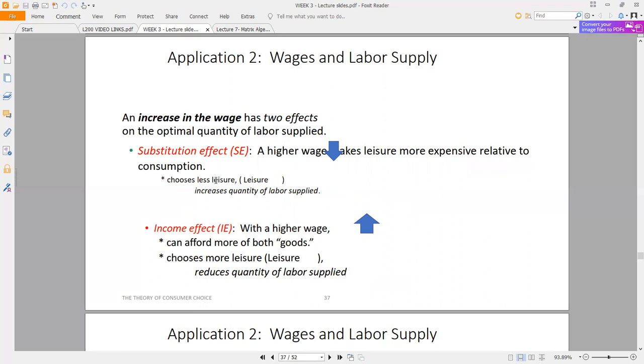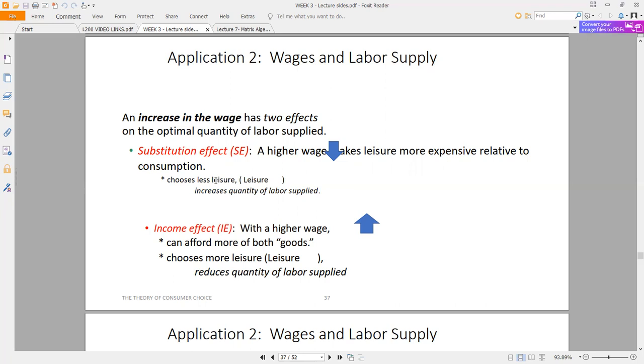For each hour that you use to enjoy leisure, you are sacrificing so much wage that you could have used to buy goods and services. So the substitution effect will cause the individual to work more, go in for more hours of work, because now leisure has become relatively expensive. So whenever there's an increase in wage, the substitution effect will cause this individual to go in for more hours of work. But what about the income effect?